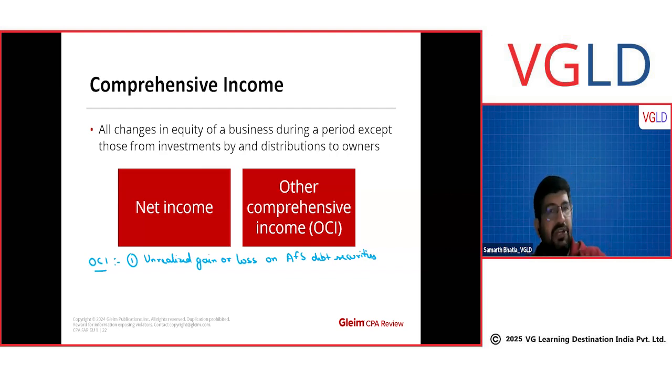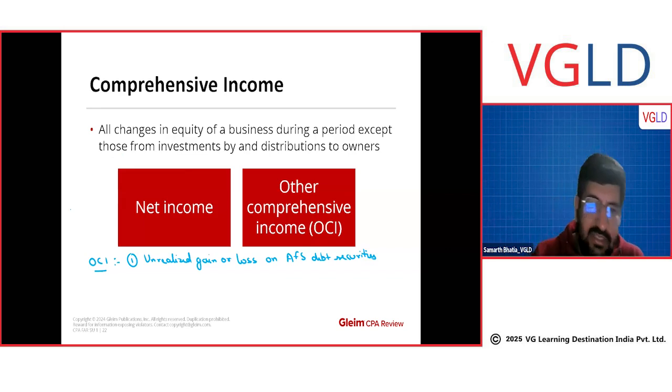We have nothing to do with other comprehensive income for these two types of debt securities. The third is AFS debt security, available for sale. I will neither have an intention to keep it for the short term nor for the long term. I'm ready to sell it, but as soon as I get the profit, I'll sell it.